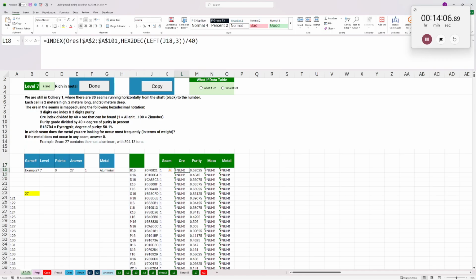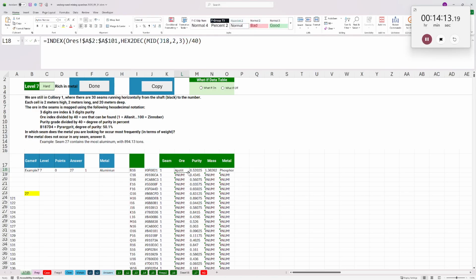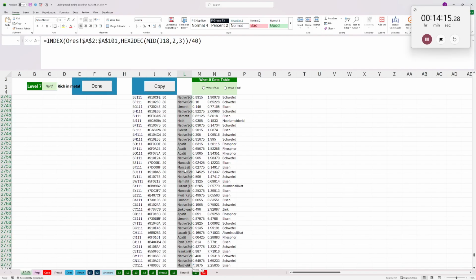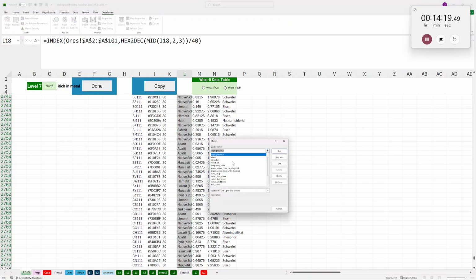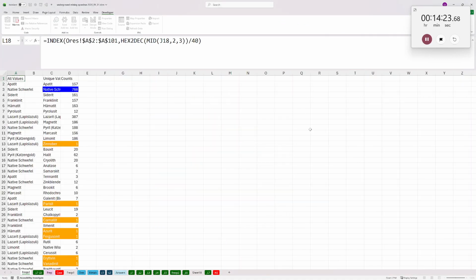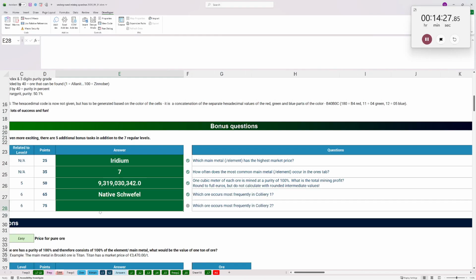And then the OR, now instead of left 3, I'm going to do mid 2, 3. Yep. First time I did this, I did find and replace on the pound sign, but that actually caused problems because then it wanted to interpret the decimal ones as numbers, and it was a mess. All right, there we go. This is done. Thanks, bye.